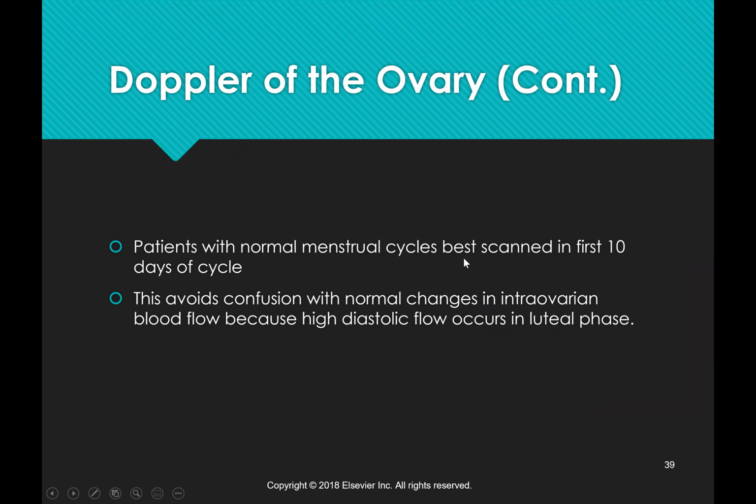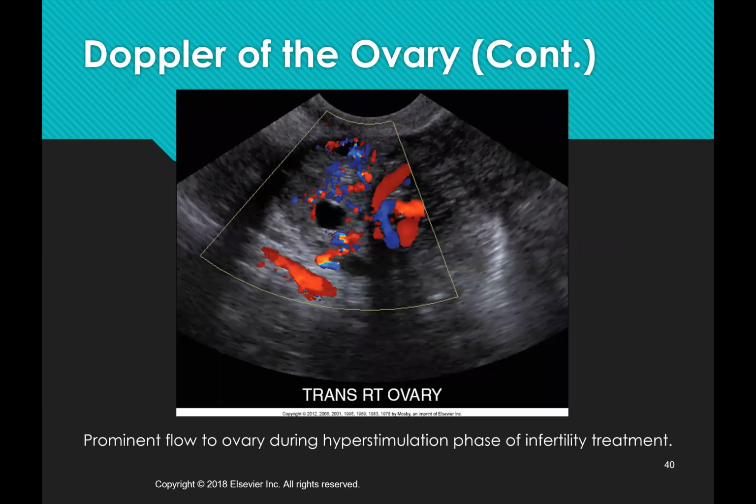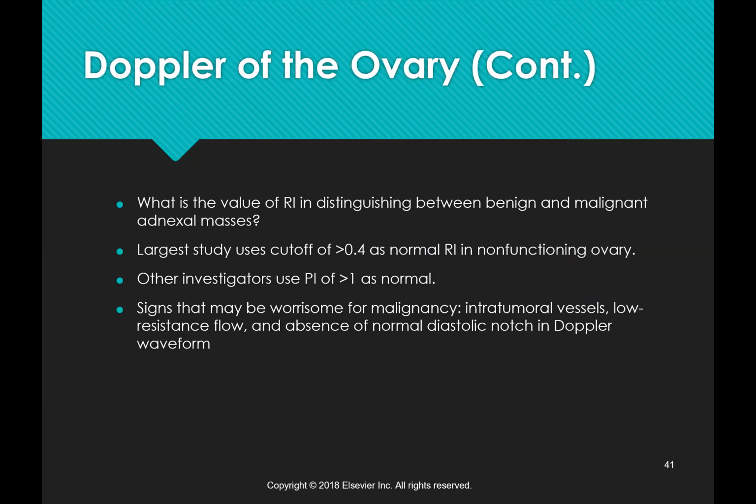Patients with normal menstrual cycles are best scanned in the first 10 days. This avoids confusion with normal changes in the intra-ovarian blood flow, because high diastolic flow occurs in the luteal phase. What that means is, I want you to know that for malignancy, if there is some kind of cancer, usually the ovary has a low resistance flow.